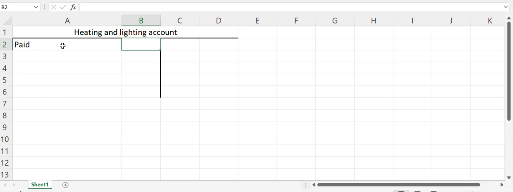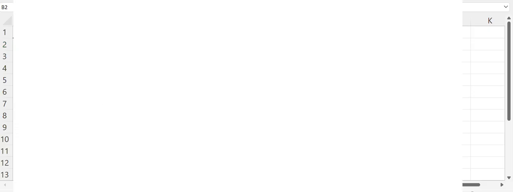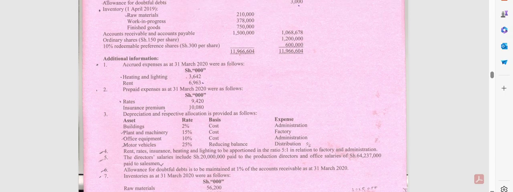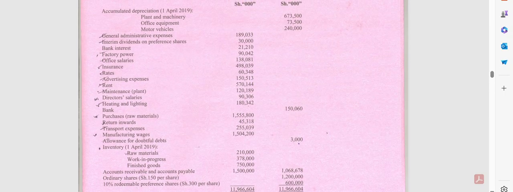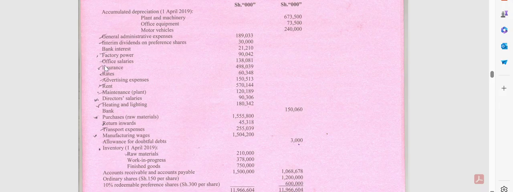That means that's a figure that has already been paid for. So we go to the trial balance, we check for heating and lighting. That figure will be called paid. We've done this before. So heating and lighting, I have to check myself here. Heating and lighting, this figure is 180.